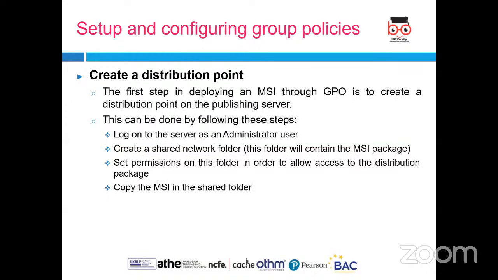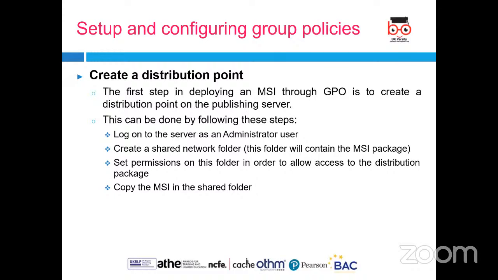Also, for the steps, we have to create a distribution point, which is the first step. We're going to be deploying an MSI through our GPO, where we create a distribution point on our publishing server.